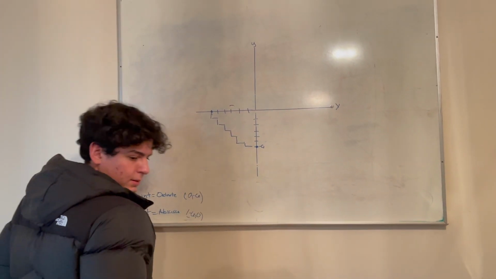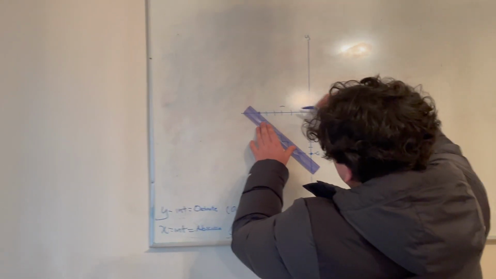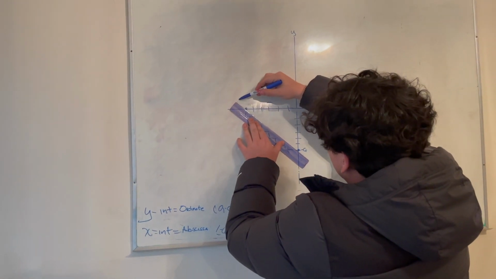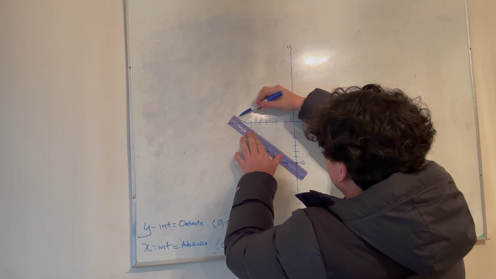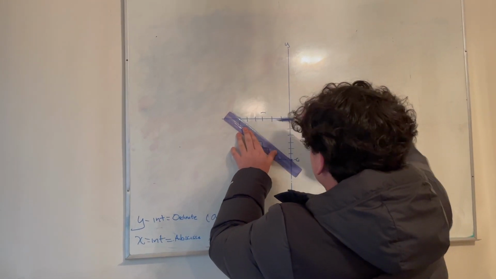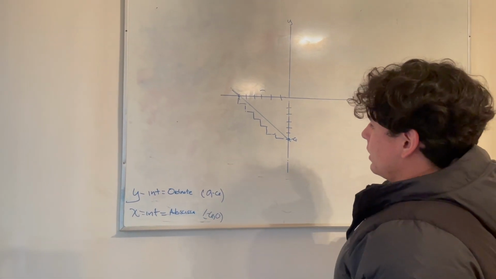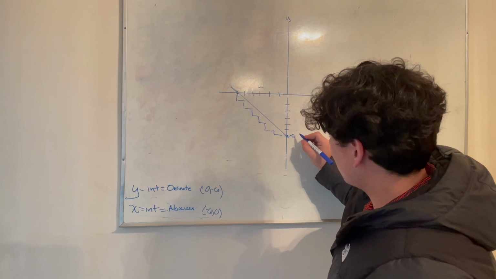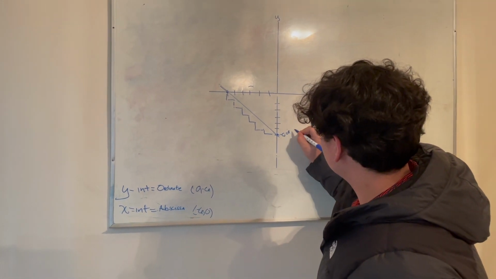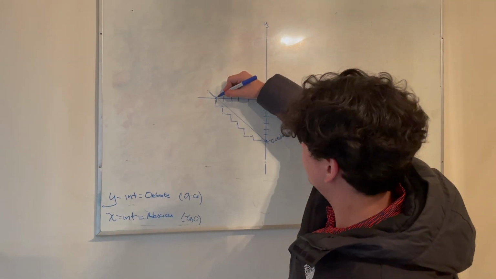And this is our graph. This is the ordinate. Let me write it right here. And this is the abscissa.